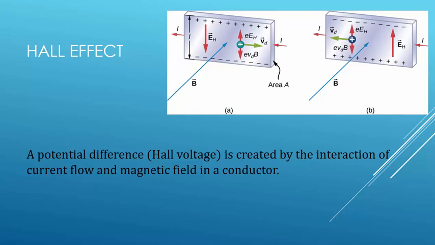What happens is that the magnetic field deflects those charges in the current, and it pushes the positive charges to one side of the conductor and the negative charges to the other side, and you end up building up almost a parallel plate type thing inside this piece of metal or this conductor.